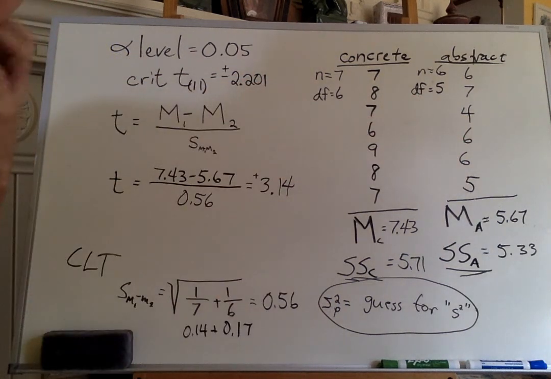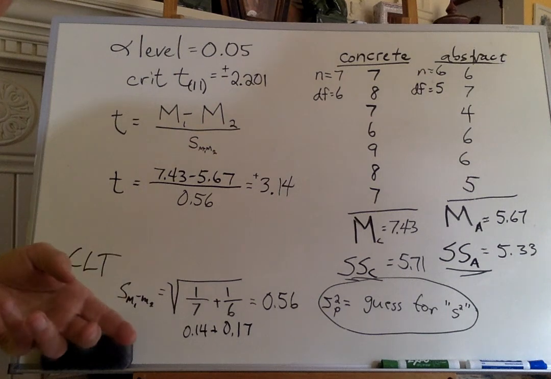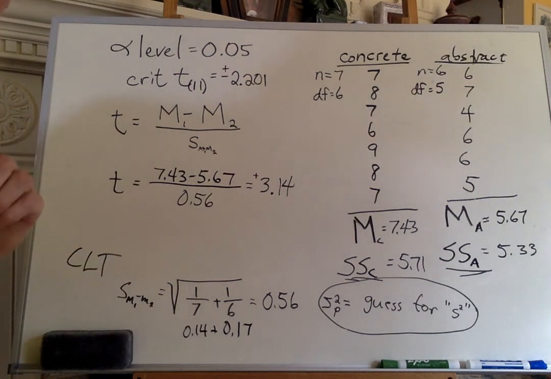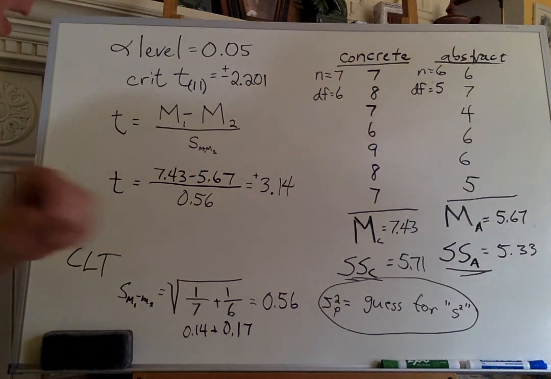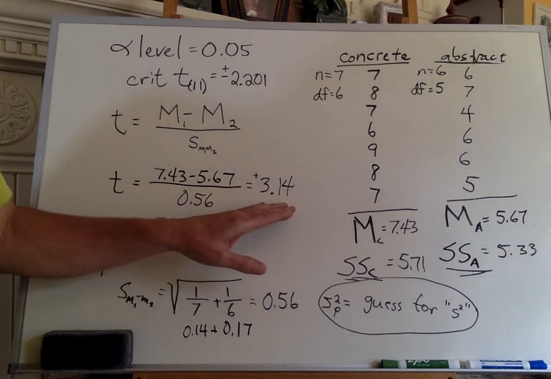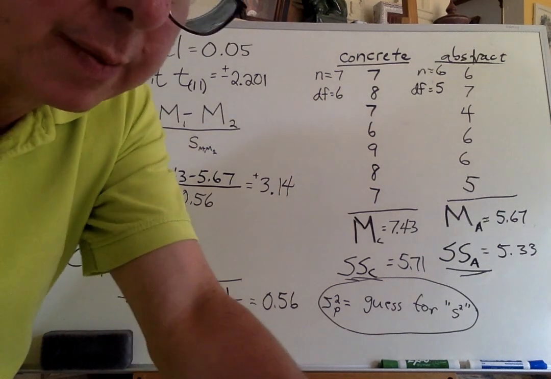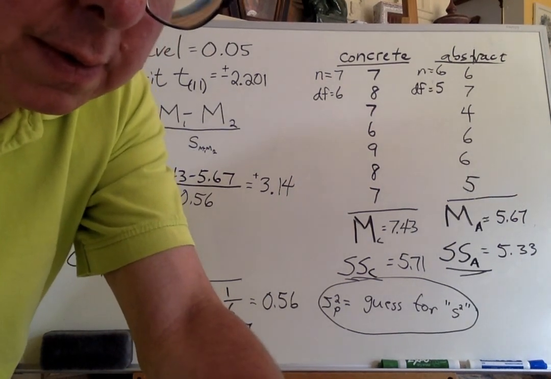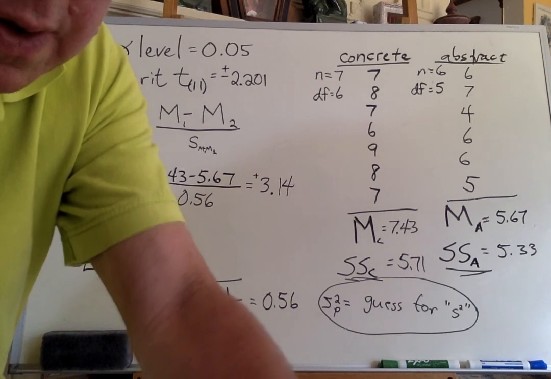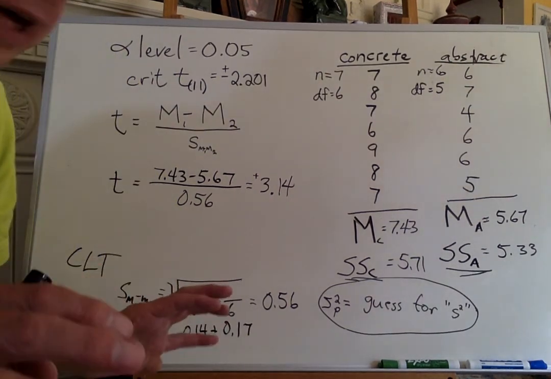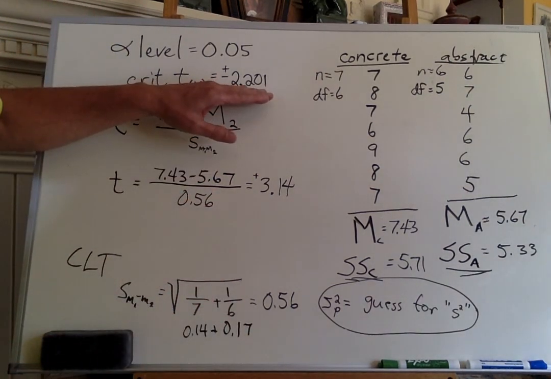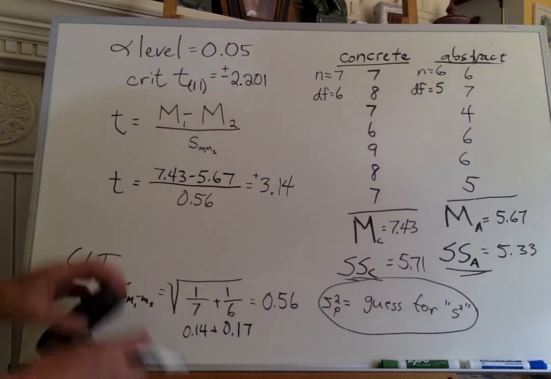So people are remembering more of the concrete words than the abstract words, okay? I'm going to compare this value to my critical value. Here's the critical value. Here's my observed value.